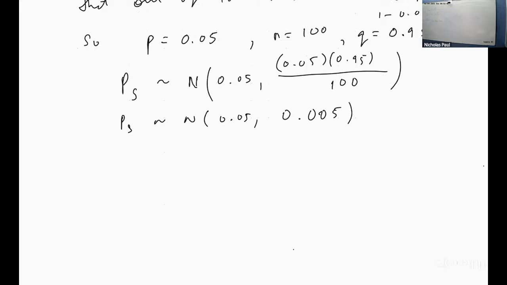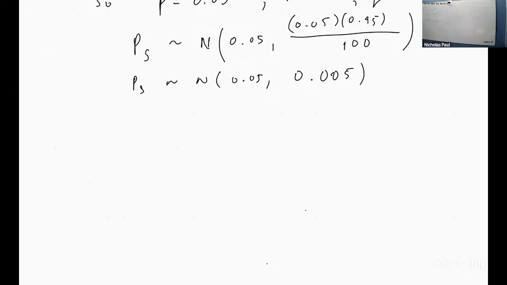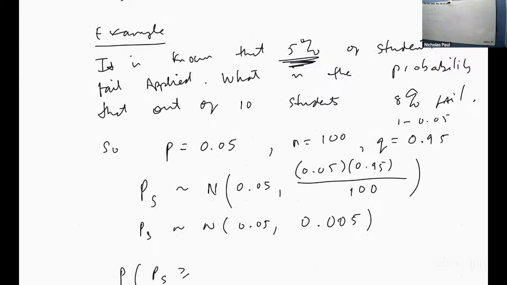So now what did they ask us for? They asked us for the probability of P_S being more than or equal to 8%, that is 0.08. First thing we have to do is standardize that.